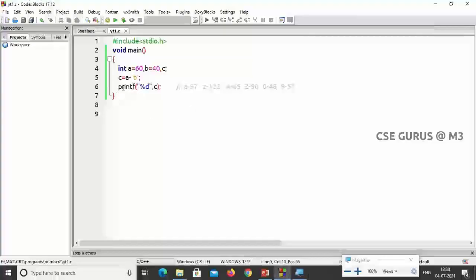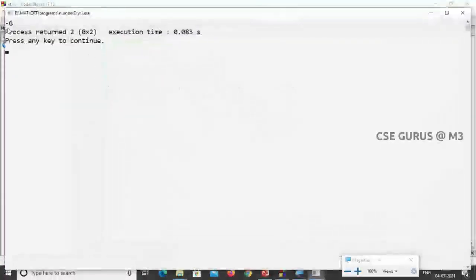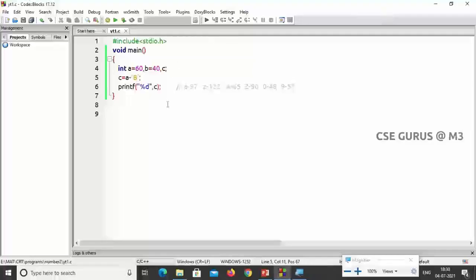And of course you can keep uppercase B. What is the value of uppercase B? It starts at 65, so 66. So 60 minus 66, which is minus 6. That is also very important. Like this we can have subtraction. This is about subtraction, the second one we have done for arithmetic operators.